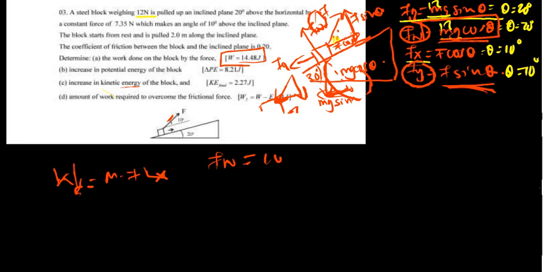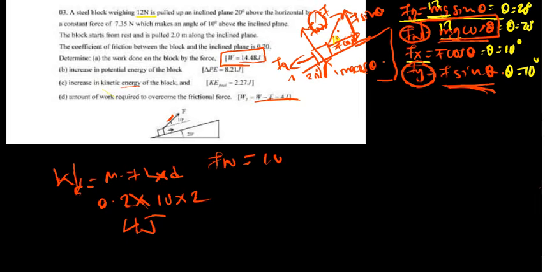So mu is 0.2 times the normal force 10 times the displacement 2. What are you getting? 0.2 times 10 times 2. 4 joules. That is the 4 which you can see there.